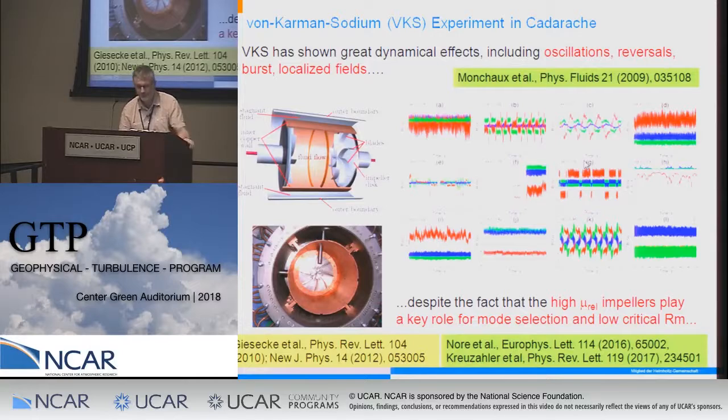Despite the fact that it worked only if the propellers were made of a high mu, a magnetic material, it took us some time to understand why this is. And I think those high mu impellers play really a big role in the selection of the dynamo mode, and in the low critical Rm here.